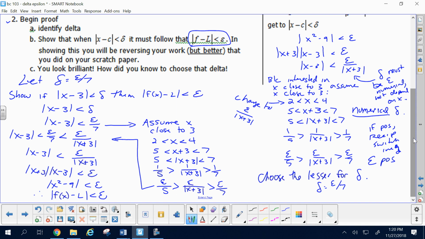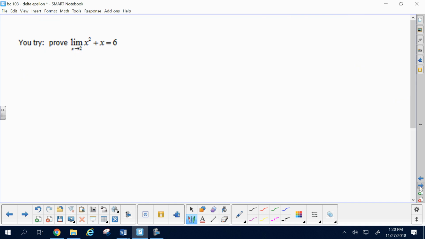Okay. Now that's what it's looking like. Are you ready to try it on your own? Yes, you are. Go. Now, here, if you want to use the scratch paper, fine. If you want to have it on here, fine. Just know that on the homework, I will not be looking at your scratch work. Okay? Give it a go and talk it over with your math amigos.